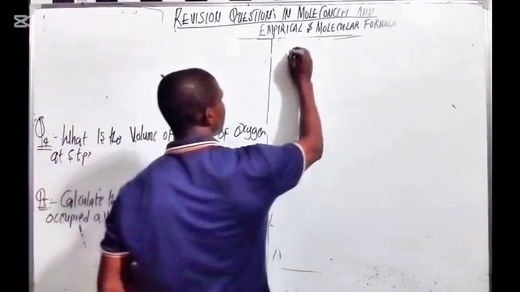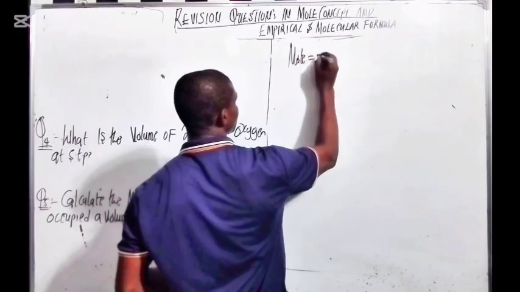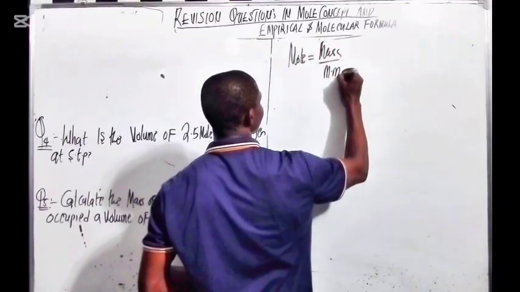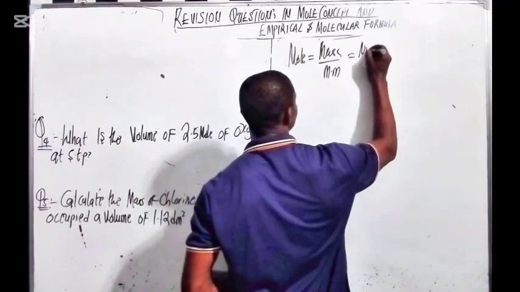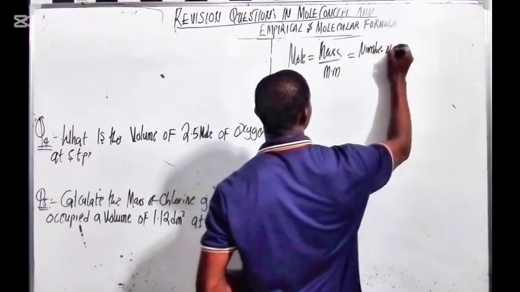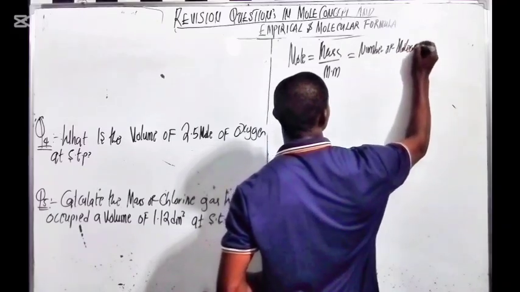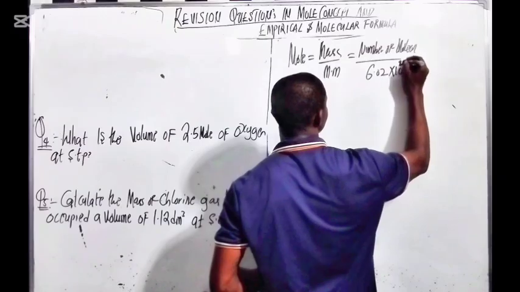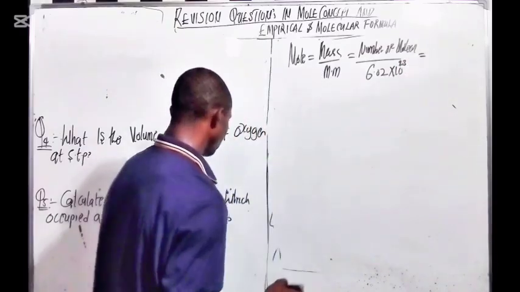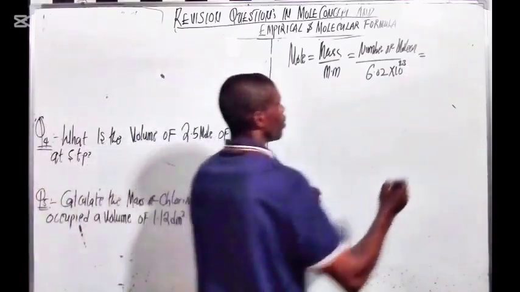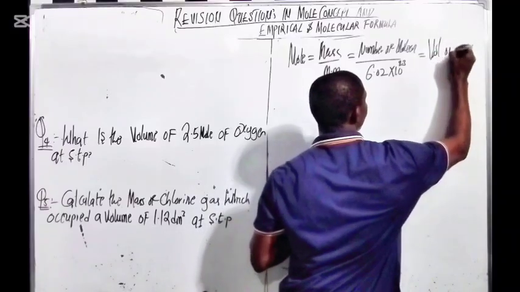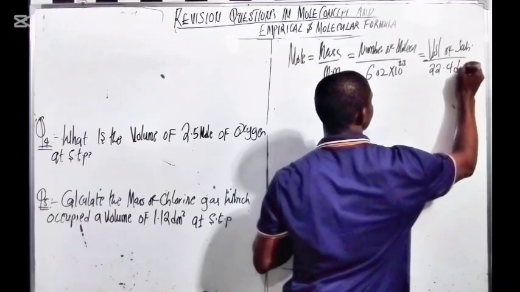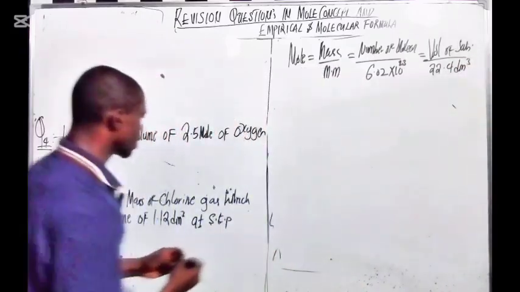Remember I said mole equals mass over molar mass equals number of molecules over 6.02 exponential 23 equals volume of substance over 2.4 dm³. Do you understand?